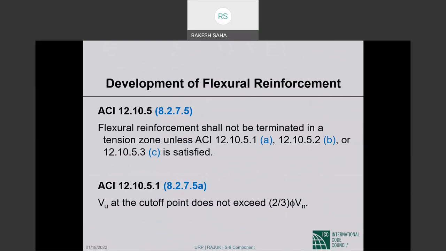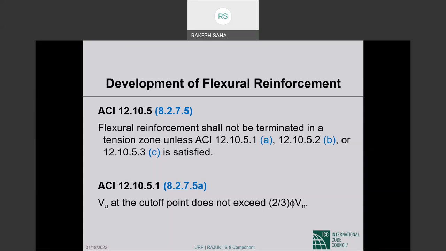So flexural reinforcement shall not be terminated in a tension zone unless one of three conditions is satisfied. This is one out of three conditions, not all three, I want to emphasize. Flexural reinforcement shall not be terminated in a tension zone unless one of the conditions given is satisfied.